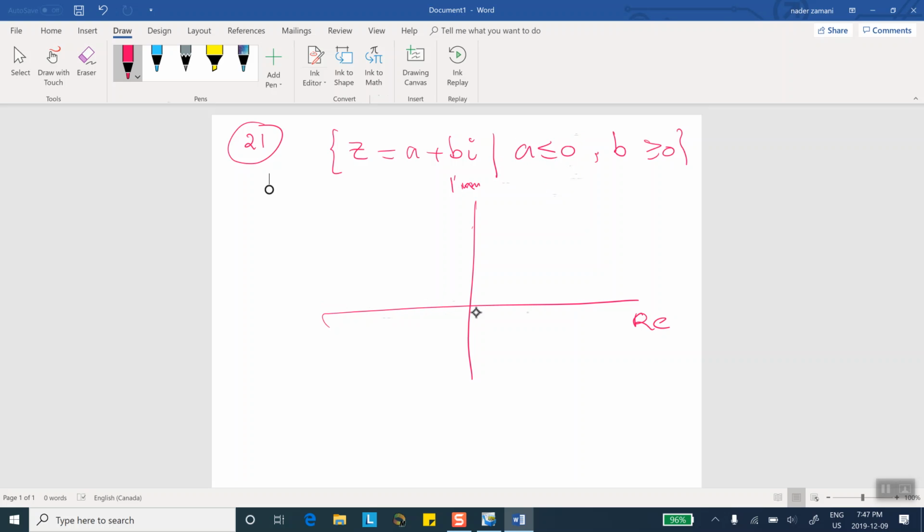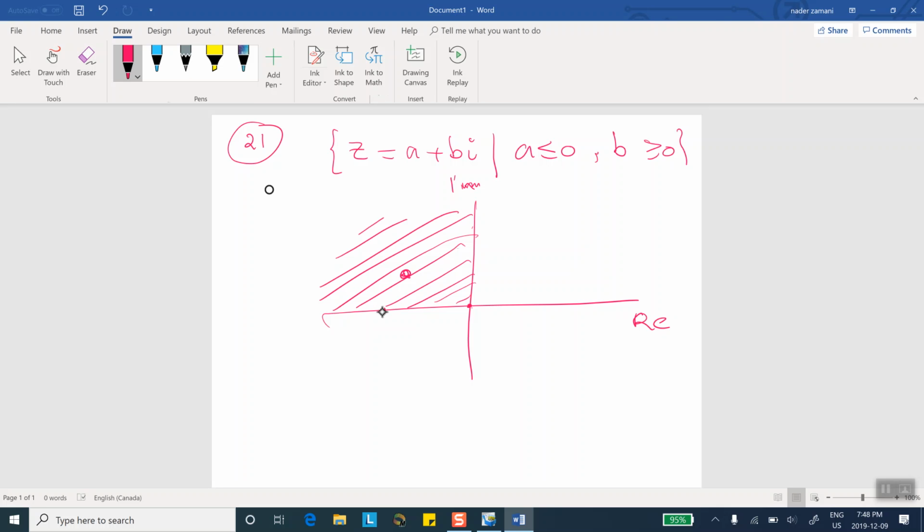Now, remember, real part is this axis. So anything to the left of this point has a negative real part, and anything above that point is going to be positive. So the region that you want is right here, shaded. Any point in this portion of the complex plane has a negative real part and a positive imaginary part.